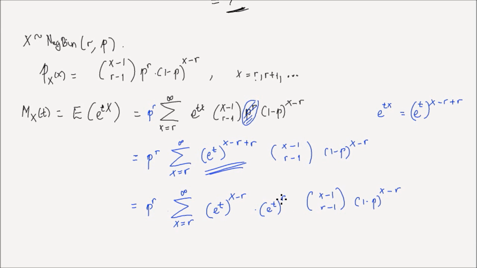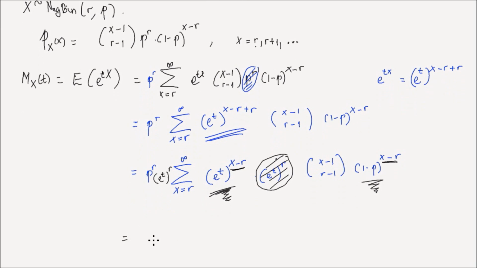Now you can see e to the t to the power of r does not depend on the index of summation, which is x. So I can take it outside of the summation. Also, the power here, x minus r, is the same as that power, so I can combine that expression with that one.